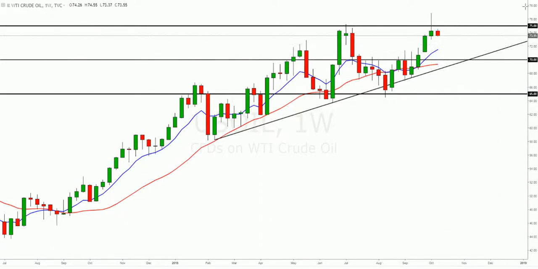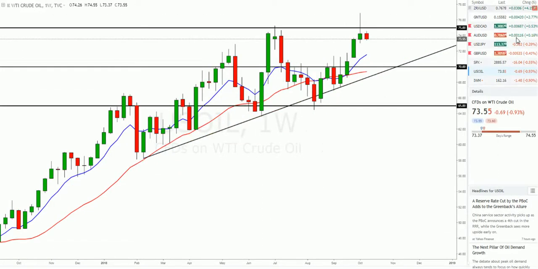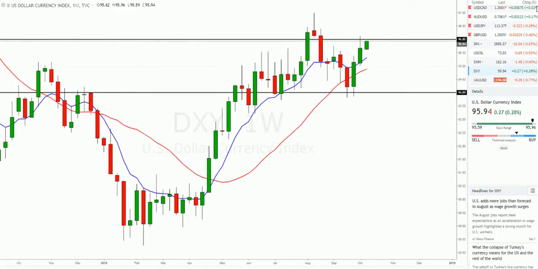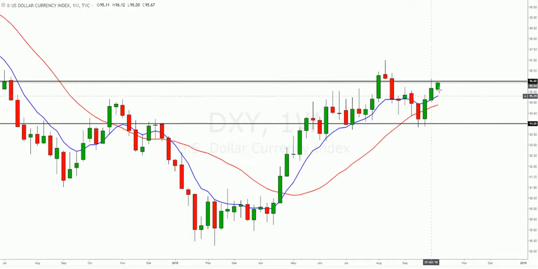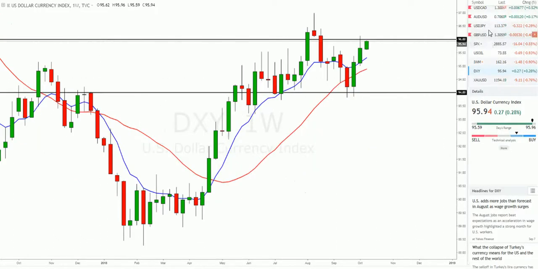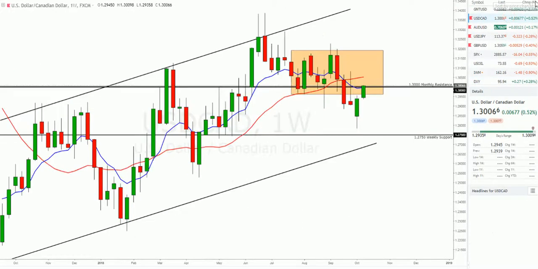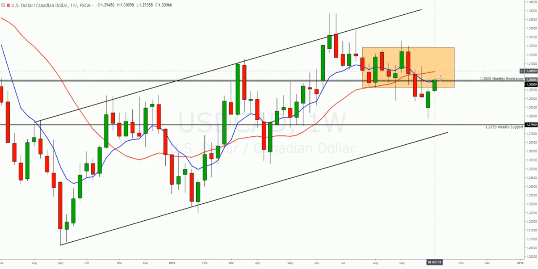So oil is looking bearish at the moment, but with that will bring the value of the Canadian dollar down as it correlates to oil. And then this is the dollar index, and we're looking strong on the dollar index. So both of those things would lead us to take USD CAD longs. However, like I say, we're in that crucial region.